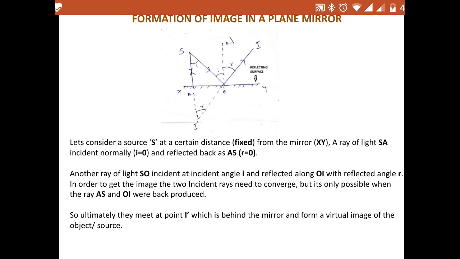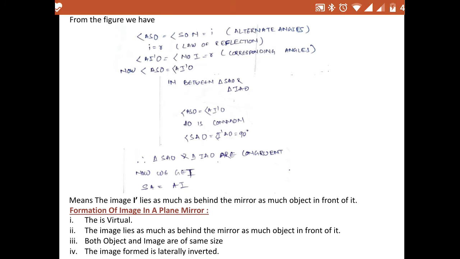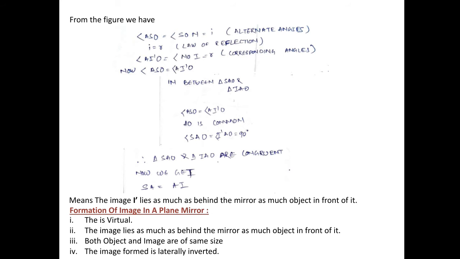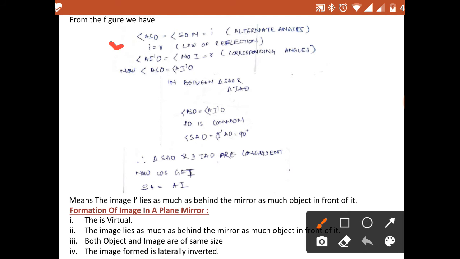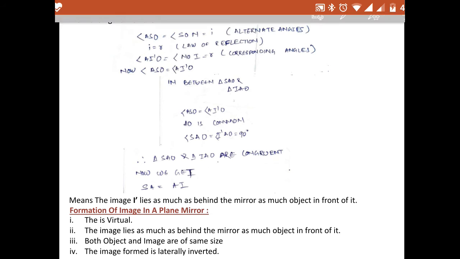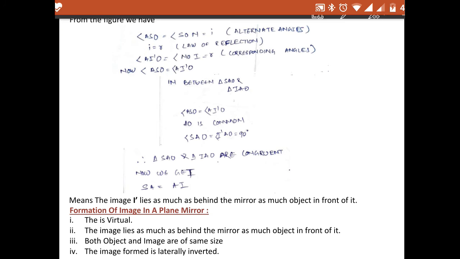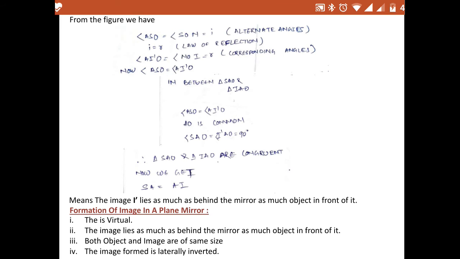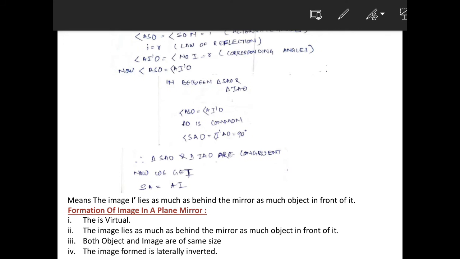The angle ASO equals the angle SON equals i, alternate angles. Then the angle AI'O equals the angle NOI' equals r, corresponding angles.